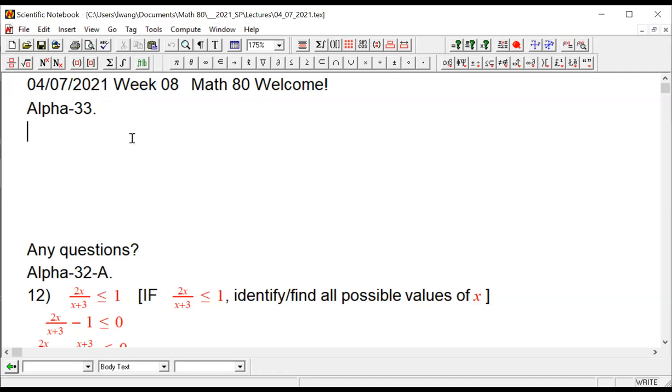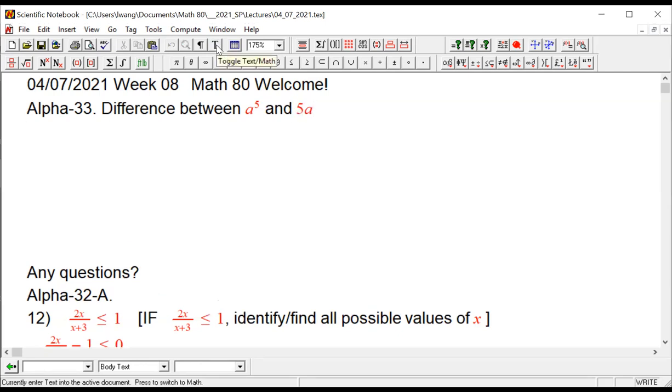Okay, but anyway, alpha 33, we have a simple question. What is the difference between a to the power 5 and 5a, 5 times a?